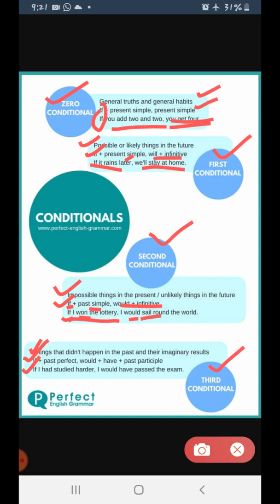So here if indicates the conditional clause and here it is without if, so it is the main clause. So now see the structure. If plus past perfect: if I had studied. Had studied shows past perfect. And in the main clause it is would have and then past participle: I would have passed the exam.